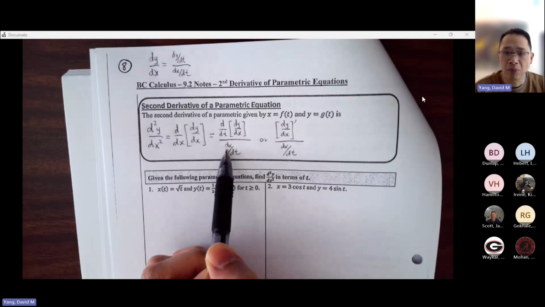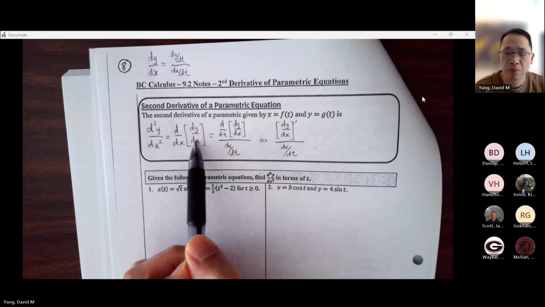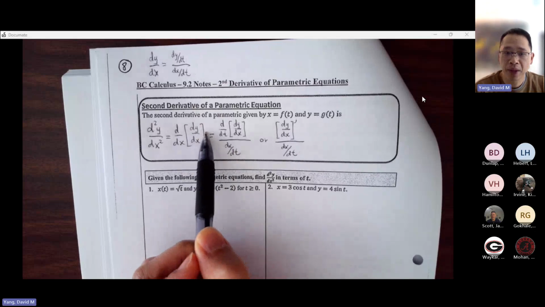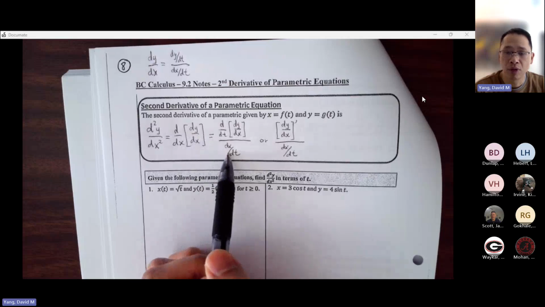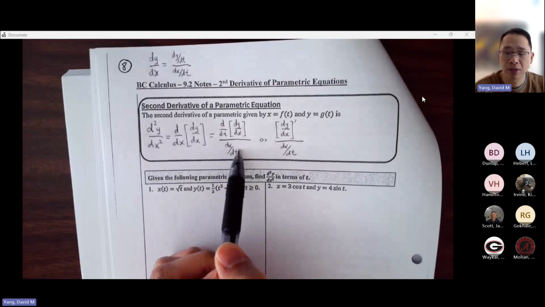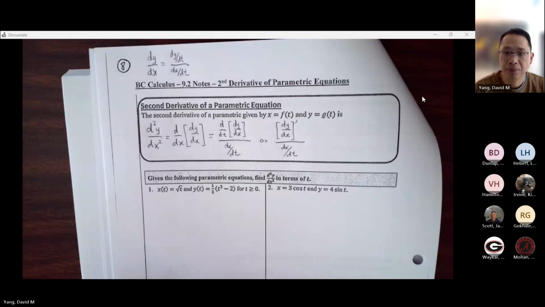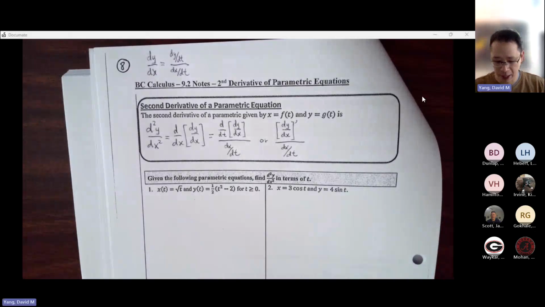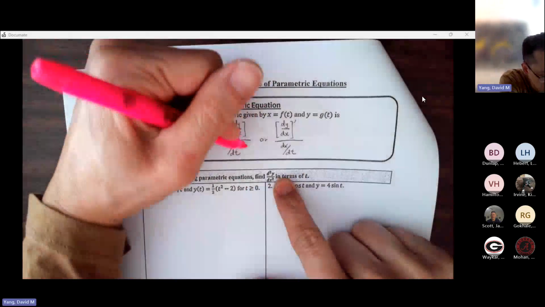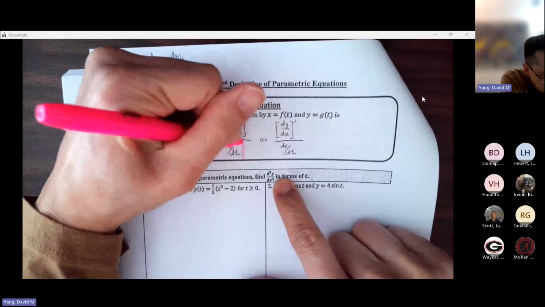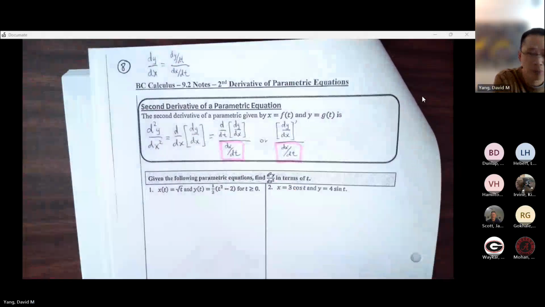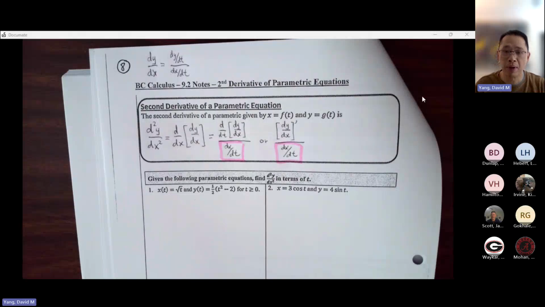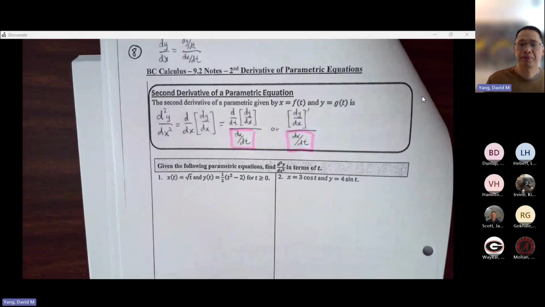But if we think of this as y prime, then we can think of it as, oh, I'm finding the derivative of y prime all over dx/dt with respect to x. Let me highlight that part, because this is the part that we're going to have to remember as part of the formula.